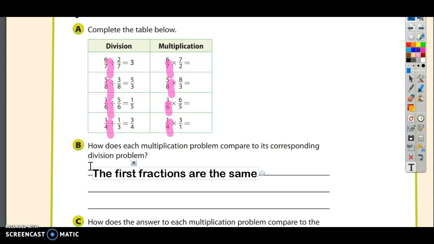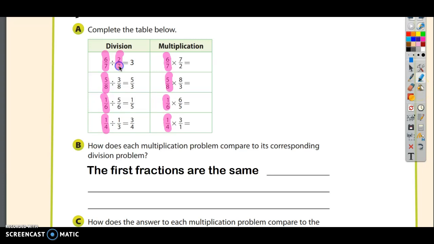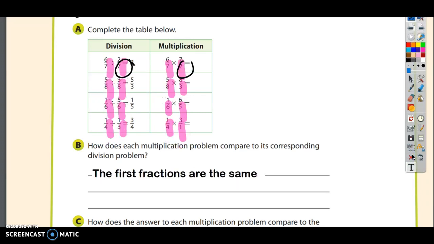Now, are the second fractions the same? Well, let's go ahead and look. I've got 2/7 and 7/2. What do we call those? 2/7 and 7/2. I've got 3/8, 8/3. 5/6, 6/5. 1/3, 3/1. What do we call those? There's a word for that.